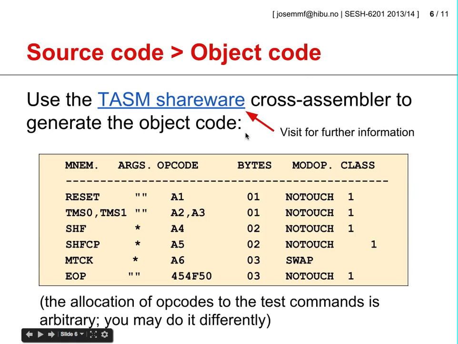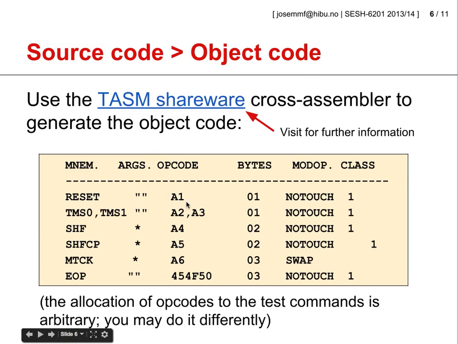This is a shareware application that uses a table to relate the source commands to the corresponding object code. This table is simply one text file that we build with this content, and every time that we run the assembler, it will take the source code, use this table, and then produce the object code containing the operation codes indicated in the table.